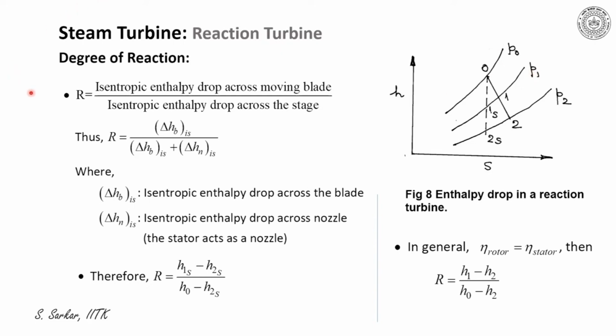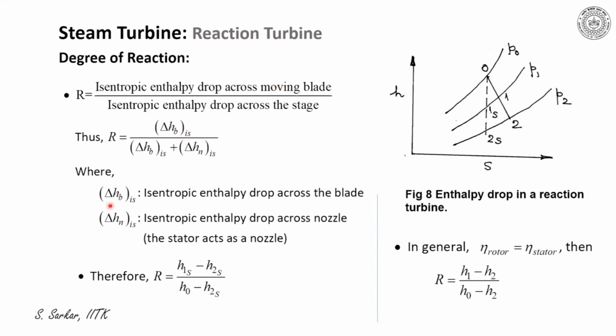Now, the degree of reaction can be defined as the ratio of isentropic enthalpy drop across the moving blade to the isentropic enthalpy drop across the stage. Thus, R is equal to ΔH_B isentropic, where suffix B stands for the moving blade.